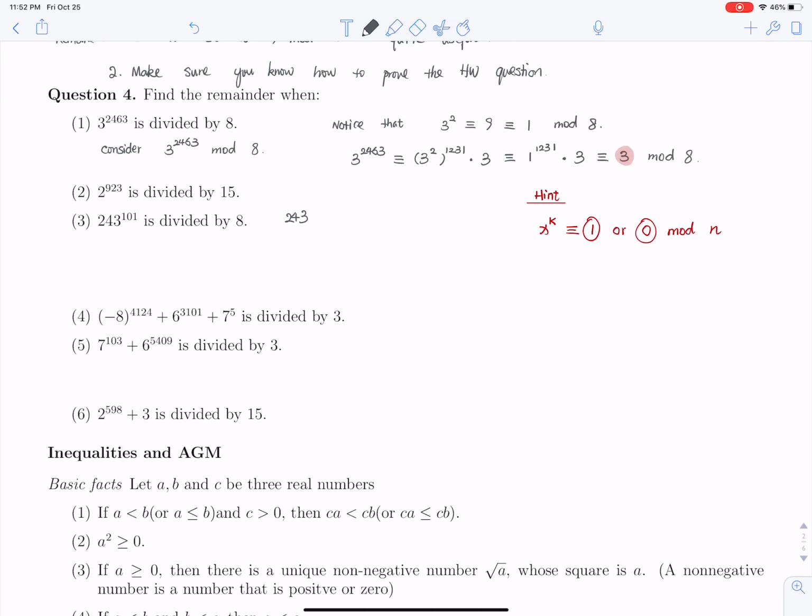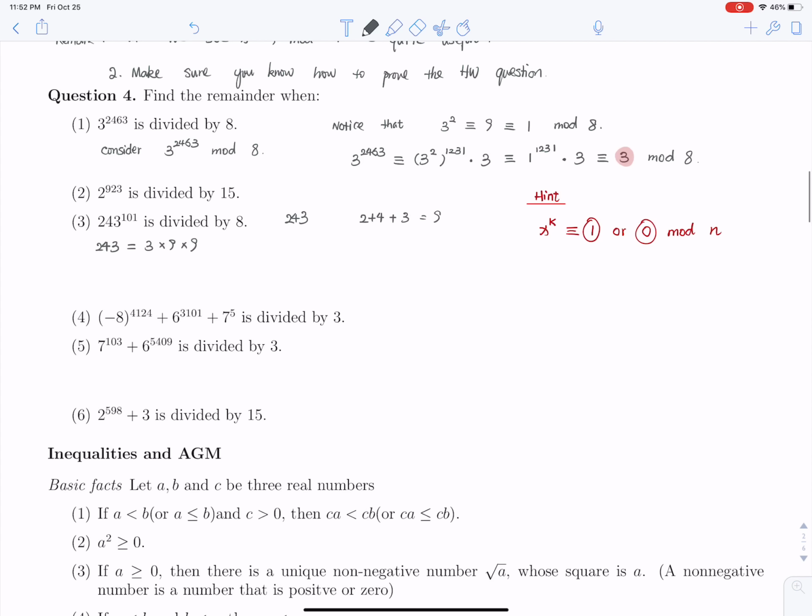But if we notice this, 243 is divisible by 3. How do I know that? Because 2 plus 4 plus 3 is 9, which is divisible by 3, which means 243 is divisible by 3. So if I divide it by 3, I'll get 81, which is 9 times 9.